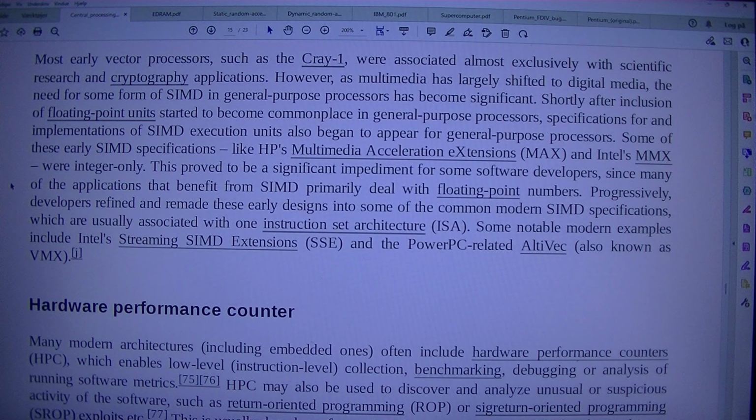Some of these early SIMD specifications, like HP's Multimedia Acceleration Extensions, MAX, and Intel's MMX, were integer only. This proved to be a significant impediment for some software developers, since many of the applications that benefit from SIMD primarily deal with floating-point numbers.